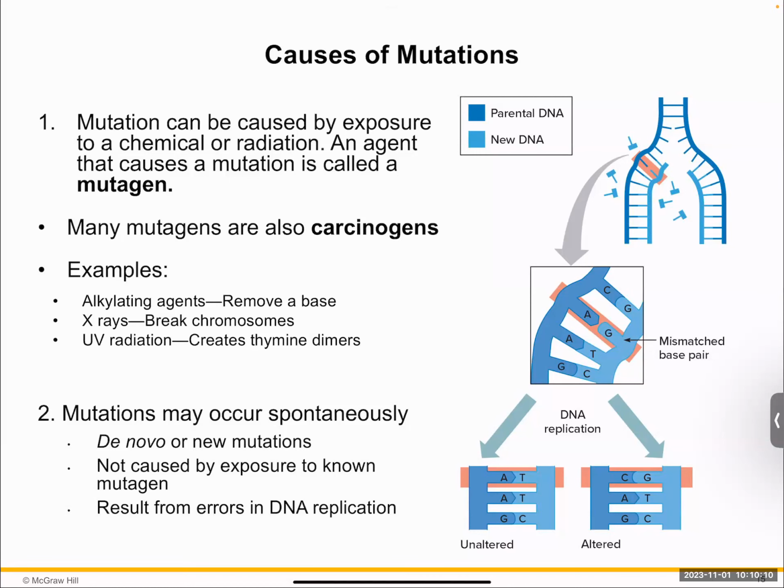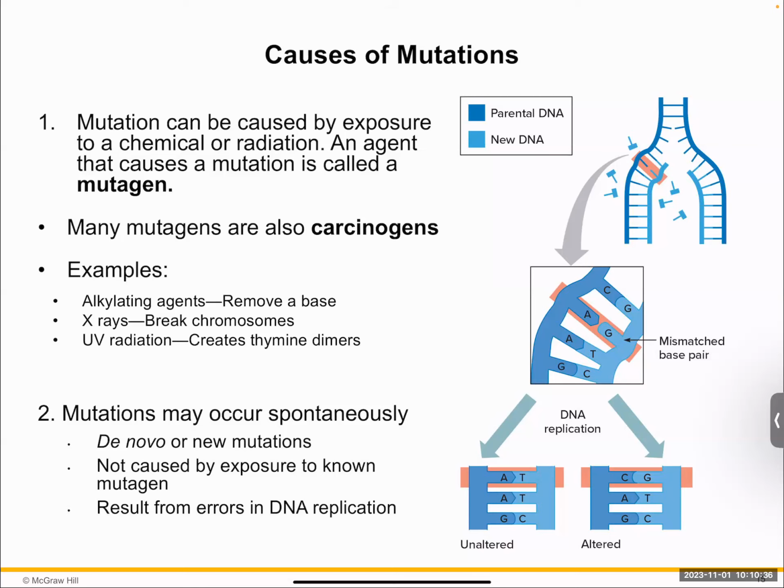And many of these mutagens will eventually lead to the development of cancers because of the abnormal growth of the cell caused by these mutagens. Therefore, they're known as carcinogens. So, if those mutations lead to cancer, we refer to those mutating agents as carcinogens.